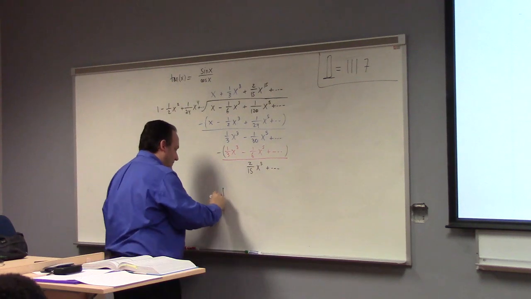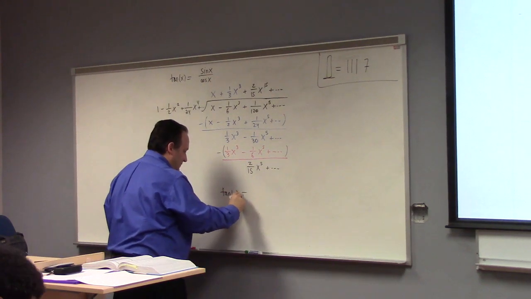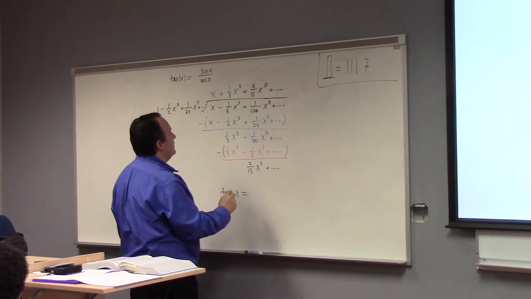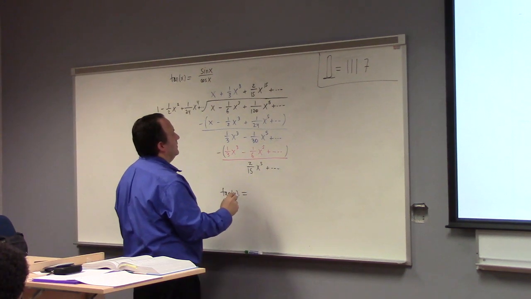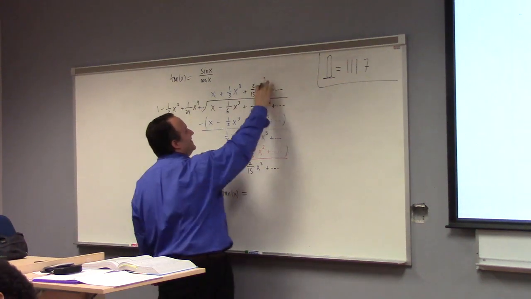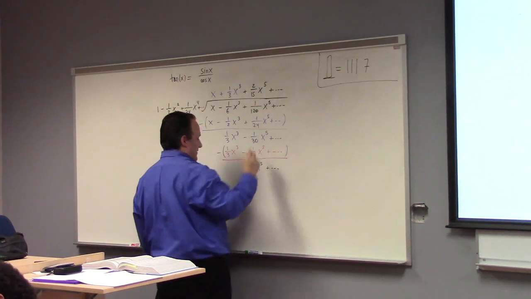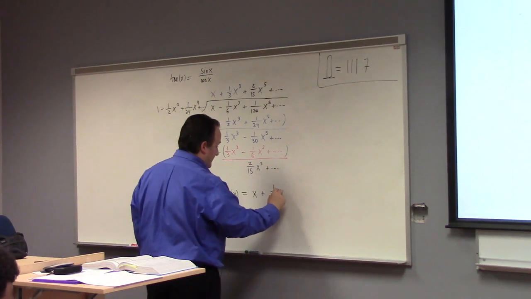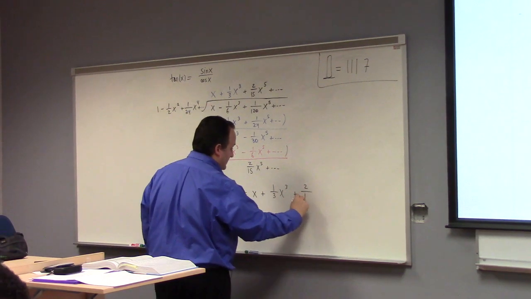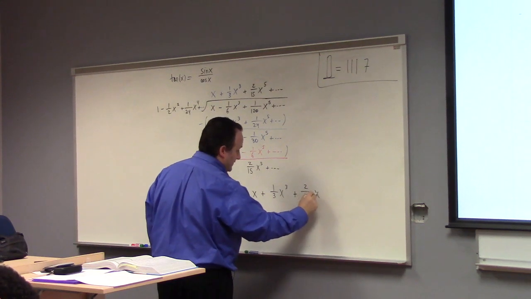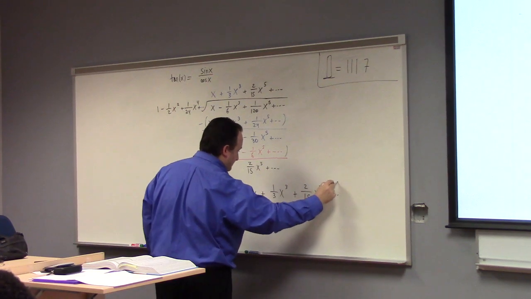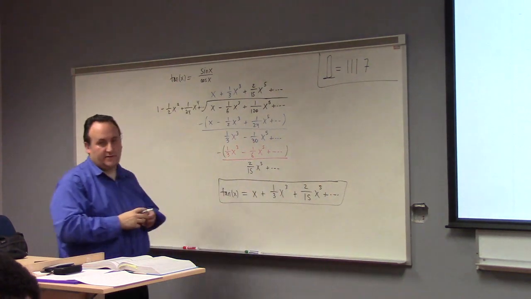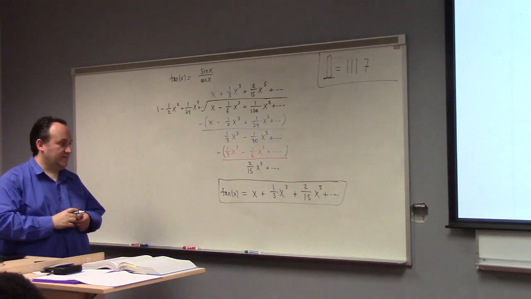So therefore, the power series for tangent, oh, yeah, got a little carried away. Sorry about that. It's x plus 1/3 x cubed plus 2/15ths x to the 5th plus dot dot dot. So there you go. That's the Maclaurin series for tangent to 5th order.